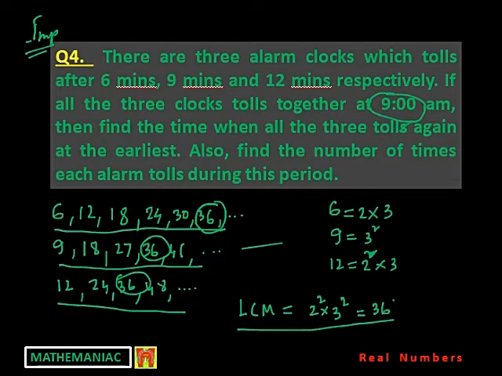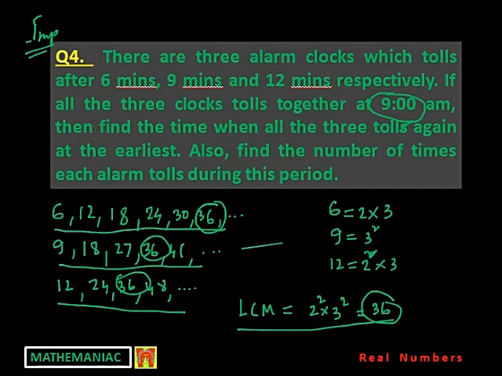Very nice. You divide 36 by each of the individual times, and that many times it will ring. Right? During this period means you have to include the 9 a.m. as well. So if you divide by 6, it will ring 6 times till 9:36, but at 9 they have already rung together.